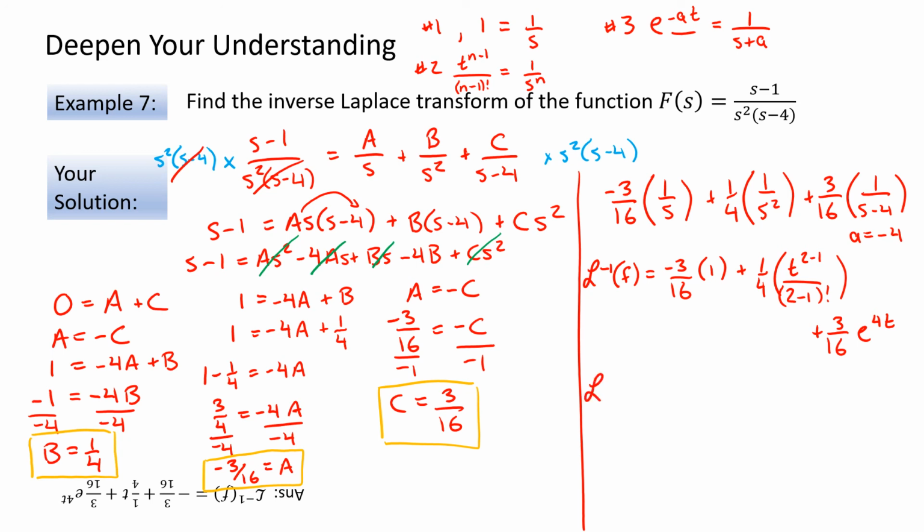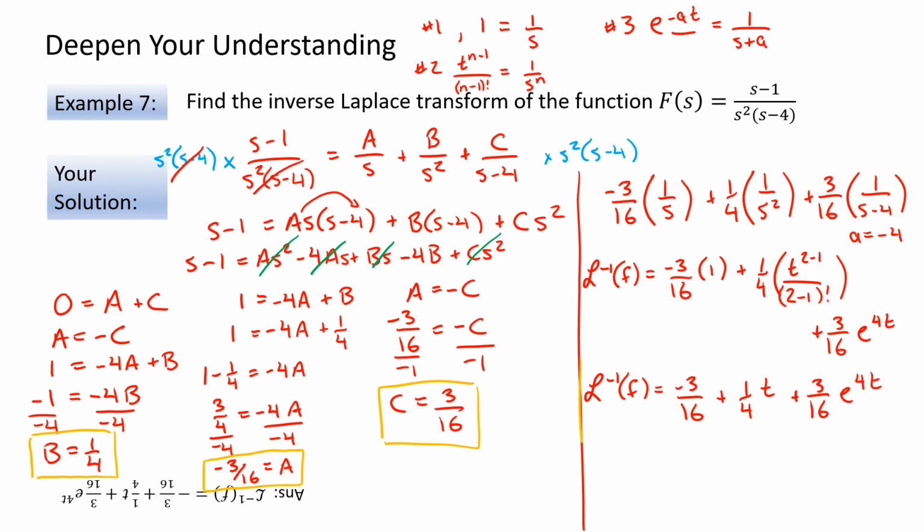So simplifying this, the inverse Laplace transform of this function is equal to -3/16 plus 1/4 times t, because we have t to the exponent 2 minus 1, which is just t. And in the denominator, we have 2 minus 1 factorial, which is just 1 factorial, or 1, plus 3/16 e to the 4t.